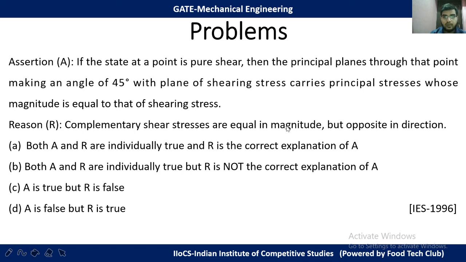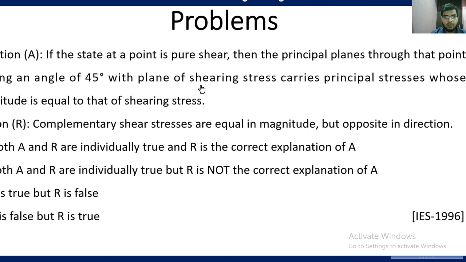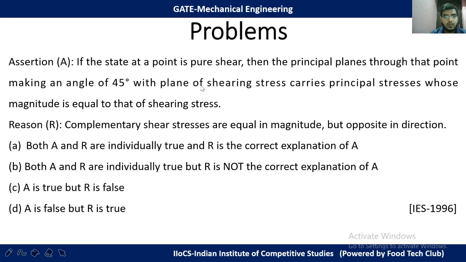Suppose instead of 45 degrees, 20 degrees was given. Then A would not be true, but R will always be true. So this is wrong.